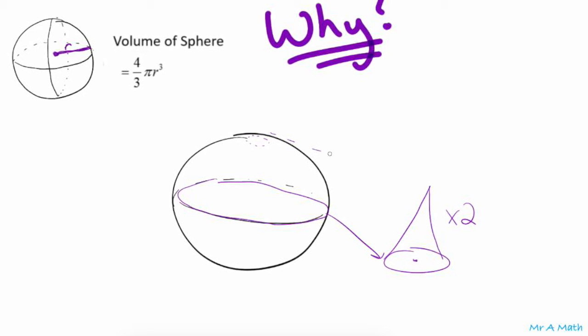Again, it has to have the same exact height and the same exact cross section of a circle as its base. It will fill up exactly 2 times into the sphere.